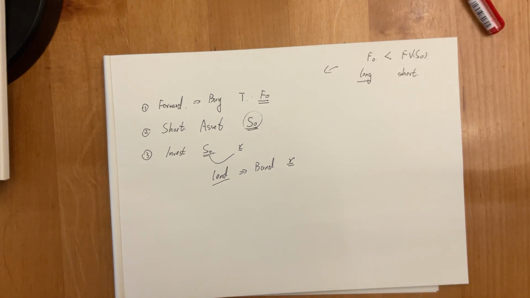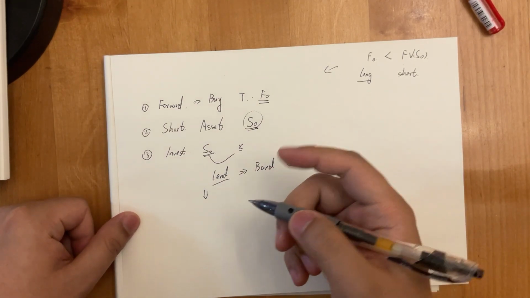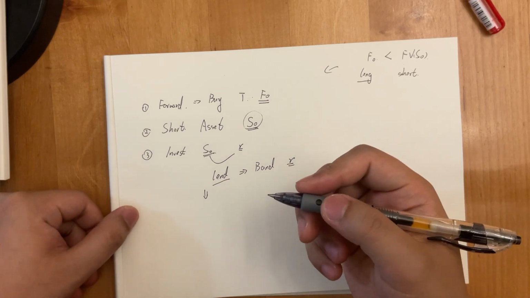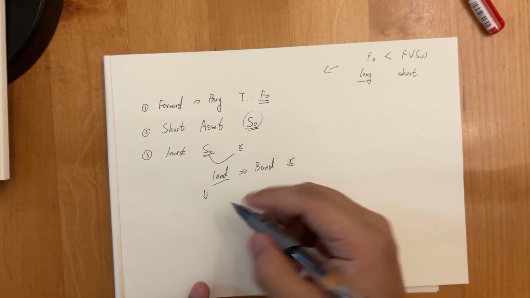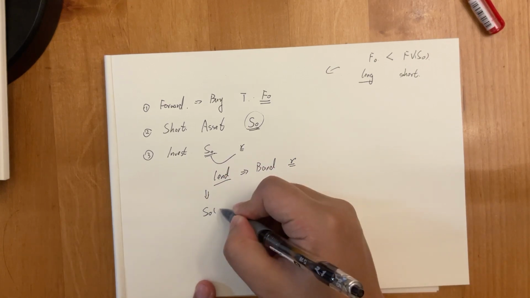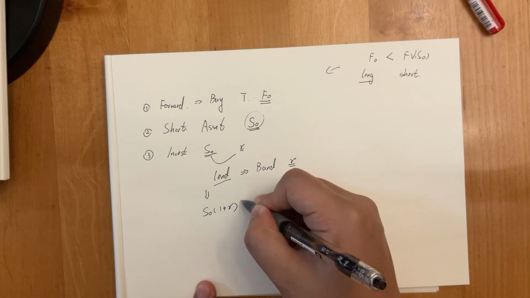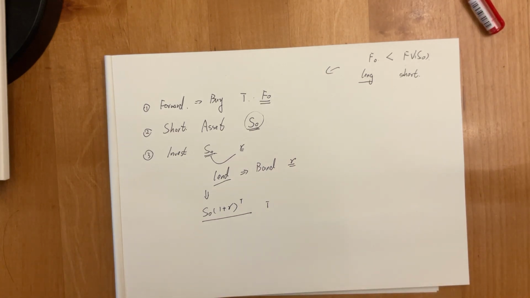So that becomes a pretty easy scenario from now on, because you lend that money, you will accrue interest, and at a specific time t, you will get repaid. So the money at time t you're going to receive will be S0 times 1 plus R compounded to the time t. That's the amount of money that you're going to receive.